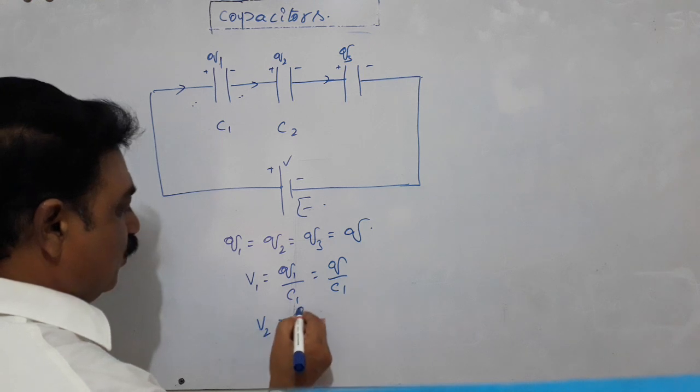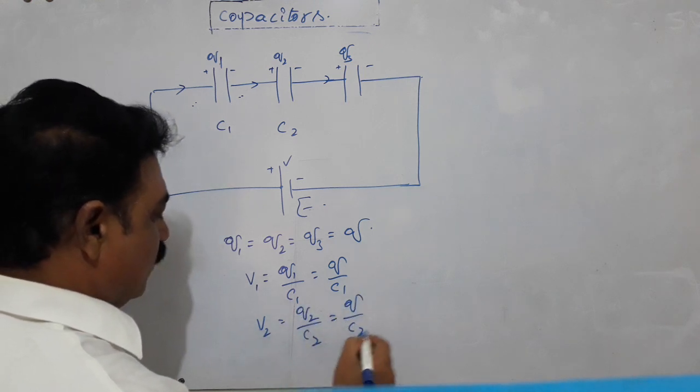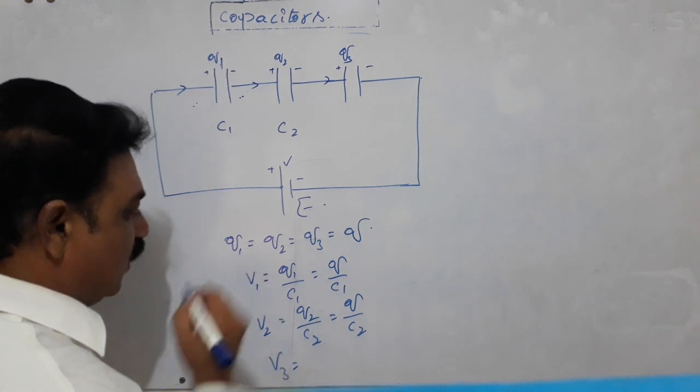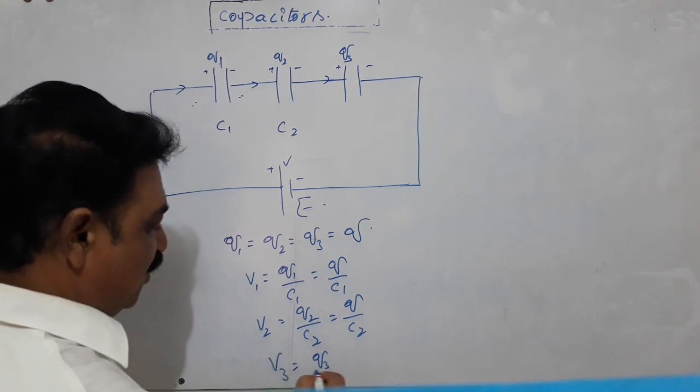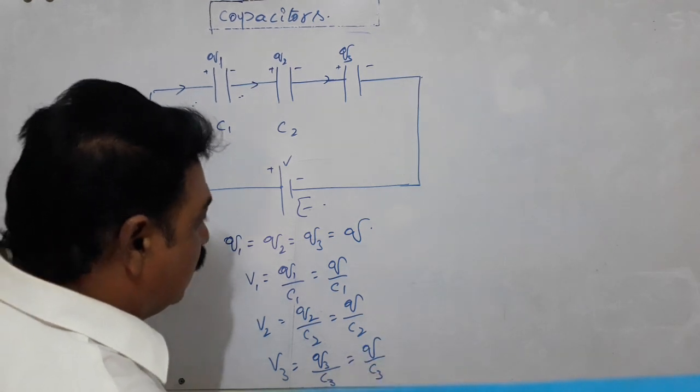Similarly, V2 is Q2 by C2, equal to Q by C2, and V3 is Q3 by C3, equal to Q by C3.